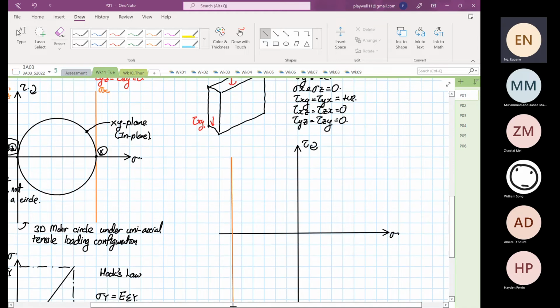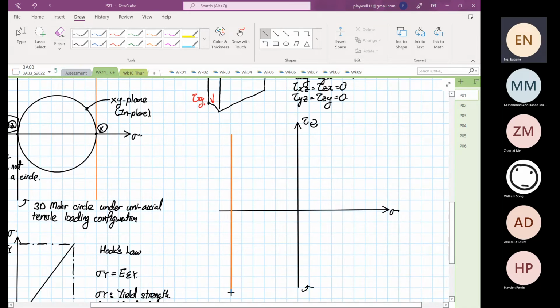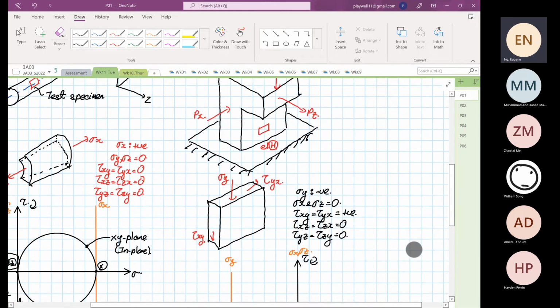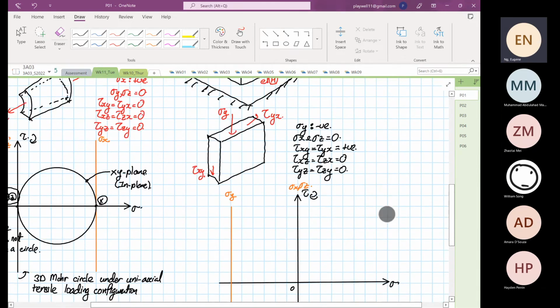Then our stress X and stress Z are on the 0 line. And we know that our stress Z is equal to 0.